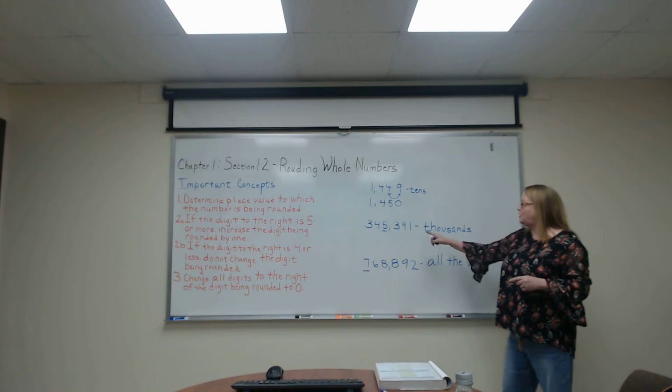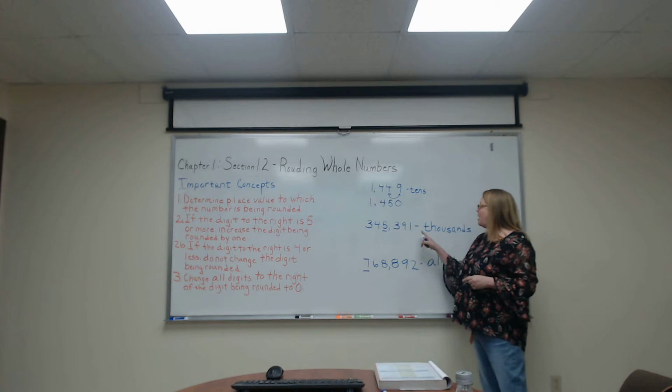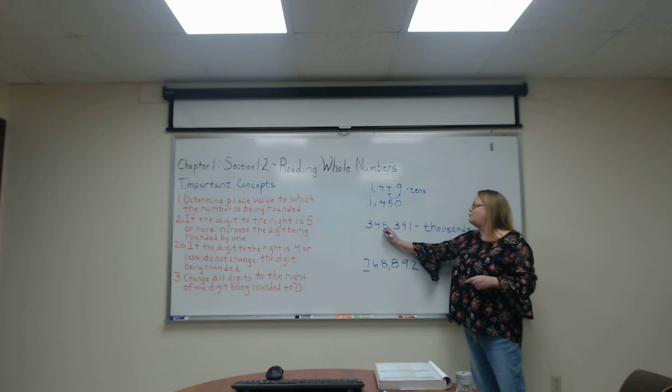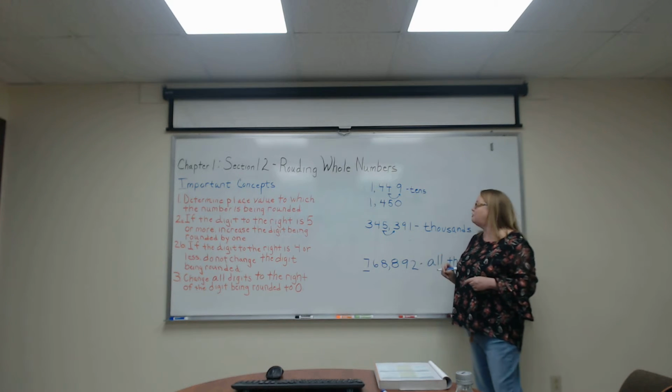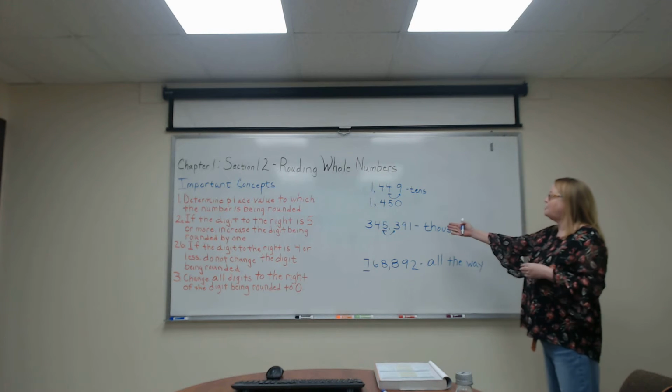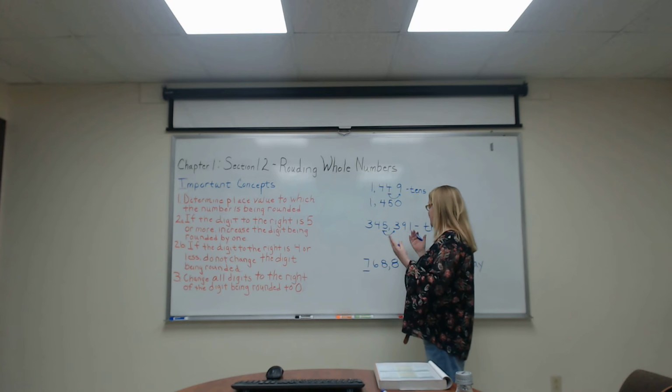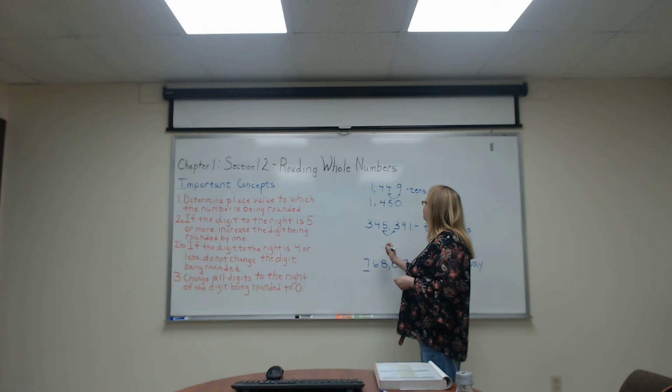So for example, in this one right here, we're asked to round to the thousands place. I have my line under the thousands, but that's not the number I'm looking at. I'm looking at this number here, the 3, because the 3 is, of course, less than 5. This digit is going to be the same.